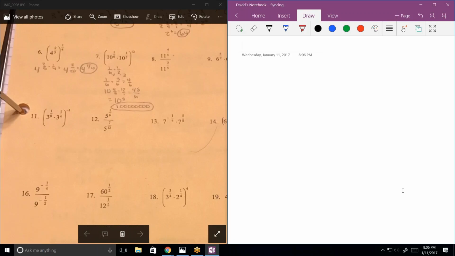Now, on this one, notice that I could apply the double exponentiation first. I'm trying to think. It doesn't give me any advantages in this case.